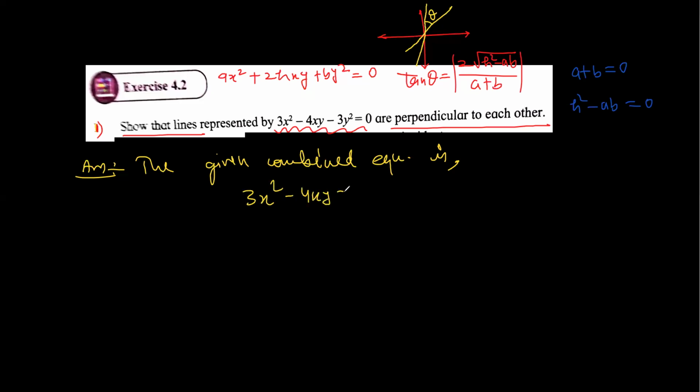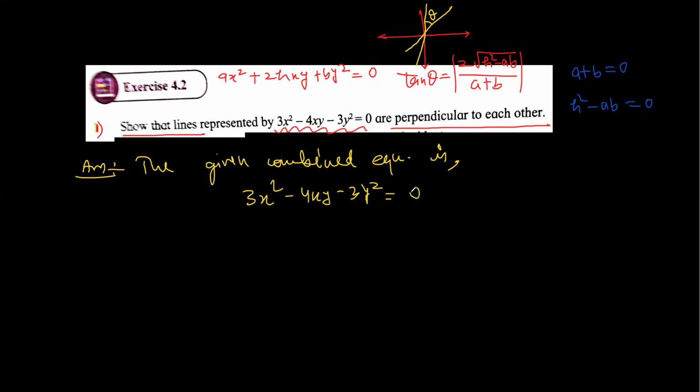So how do I write my solution? Very simple. The given combined equation is 3x square minus 4xy minus 3y square equal to 0.